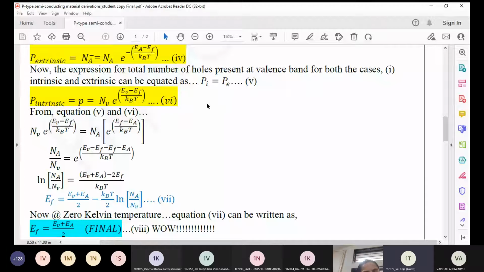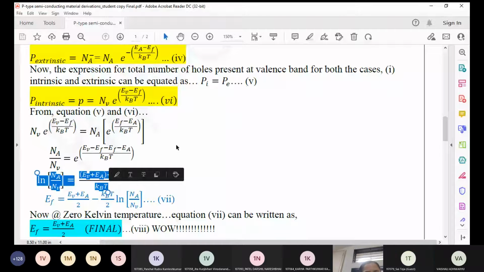And here we have got the equation for number of holes for extrinsic semiconductor as Na into e raised to the power EF minus EA by KBT. So we can equate both the equations. If we take Na by Nv and both the exponential functions on one side, and if we equate, we will be getting e raised to Ev minus EF minus EF minus EA by KBT.